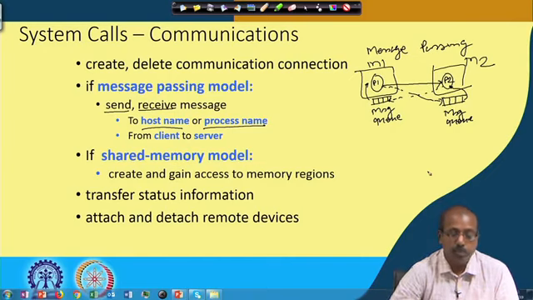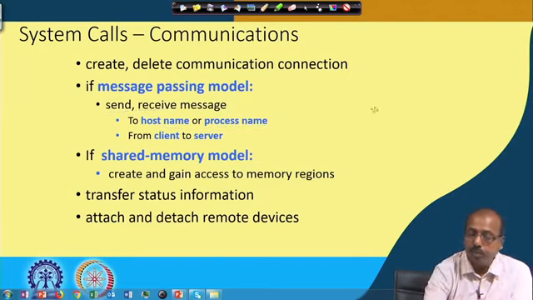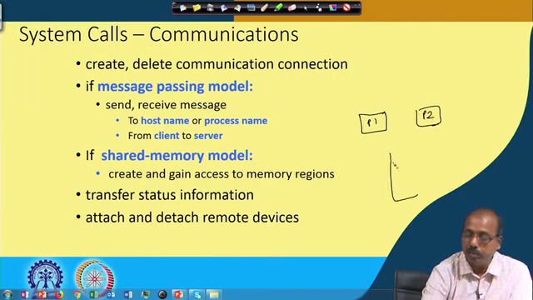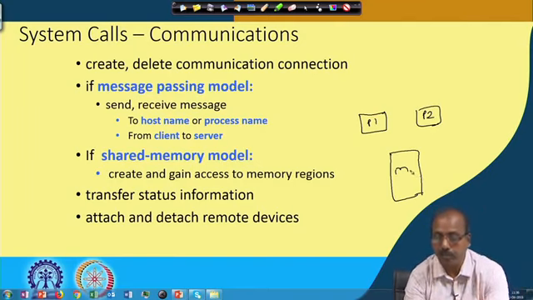Then the shared memory model is used. The shared memory model is a more tightly coupled system. In the shared memory model, say these are the two processes, P1 and P2, and both of them are using memory.